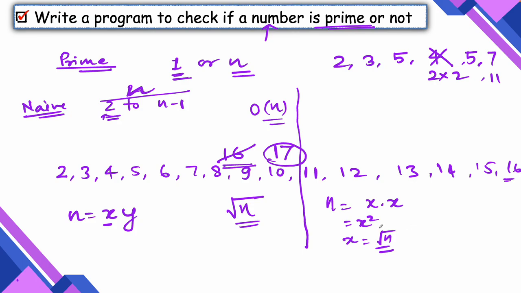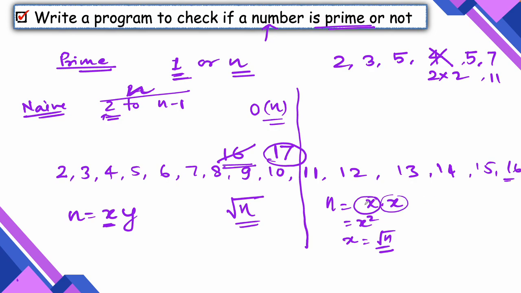Now, the factors of n can be such that if one is greater than its square root, the other has to be less than its square root.